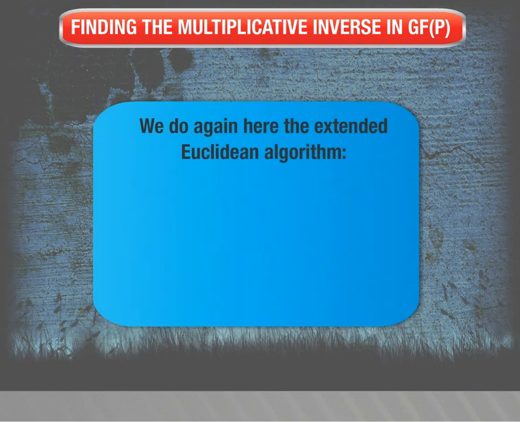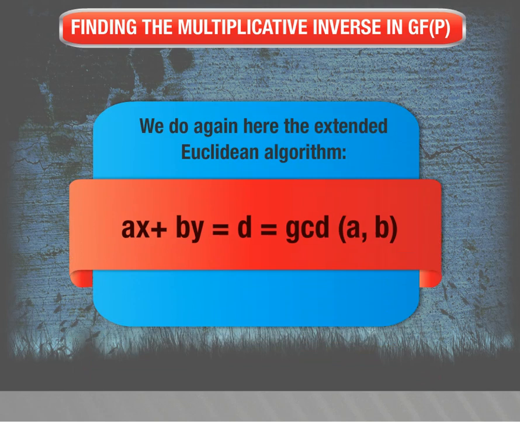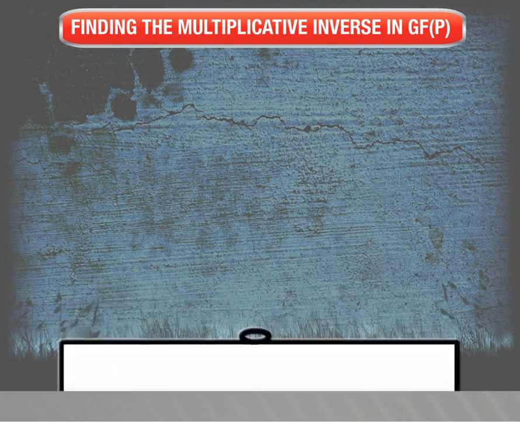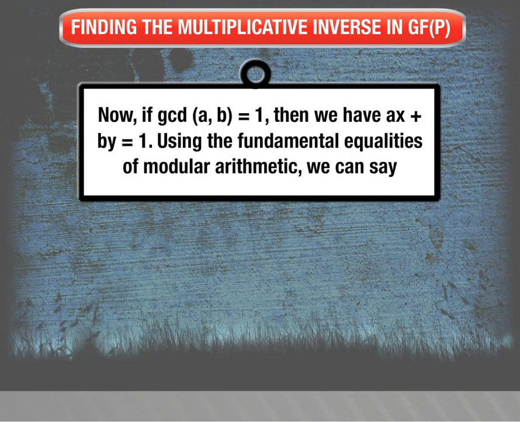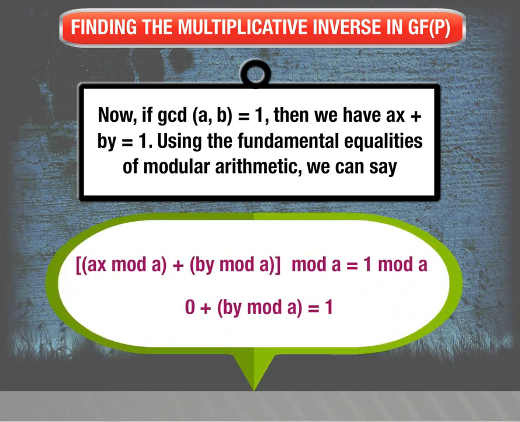We do again here the extended Euclidean algorithm: ax plus by is equal to d is equal to gcd(a, b). Now, if gcd(a, b) is equal to 1, then we have ax plus by is equal to 1. Using the fundamental equalities of modular arithmetic, we can say ax mod a plus by mod a is equal to 1 mod a, so 0 plus by mod a is equal to 1.